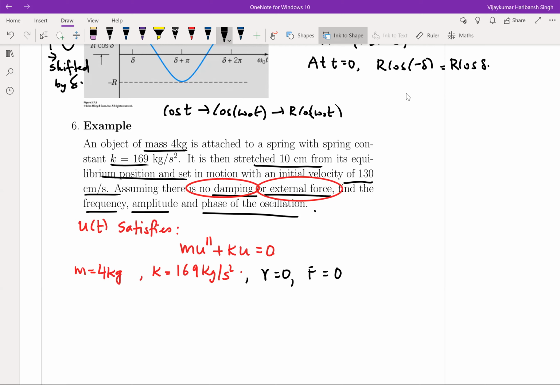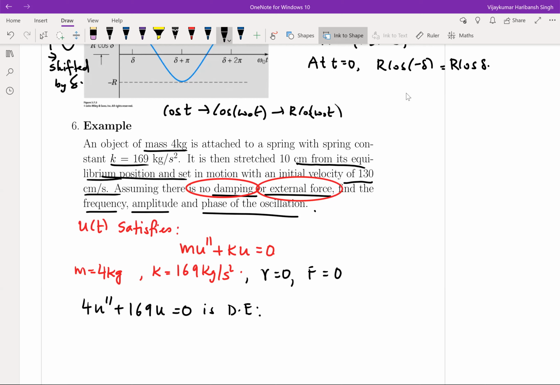So what is my equation of motion? M u double prime, so 4 u double prime plus 169 u equals 0 is your differential equation. Now you need to find the initial conditions. Initially it is stretched 10 kilometers, sorry, 10 centimeters, my bad, from the equilibrium position.